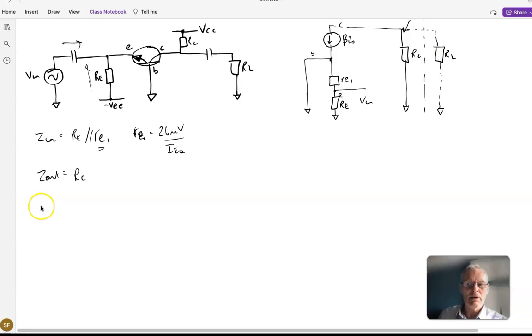So let's think about the current gain AI. So we can say that obviously the current output here is this beta IB, this IC, we'll call it IC, divided by this current here.